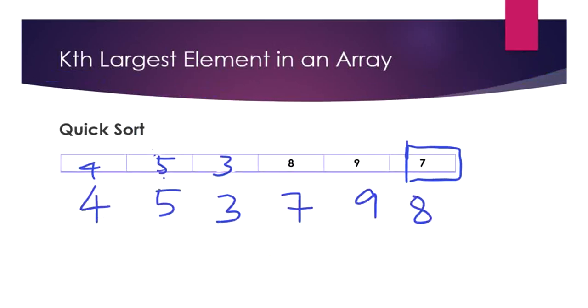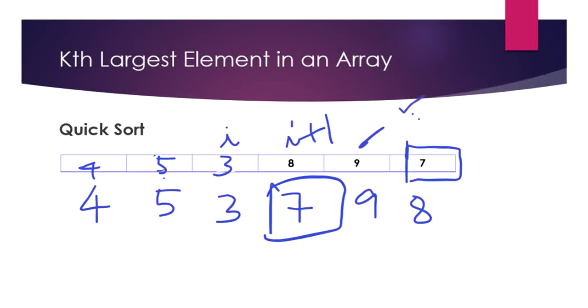So now once we sorted the array in our first iteration, this 7 is at its final position. That is, our I was here and now at I plus 1 our pivot element is placed. Now where will our second largest element be? It will be in the 5th position for our example because k is equal to 2.